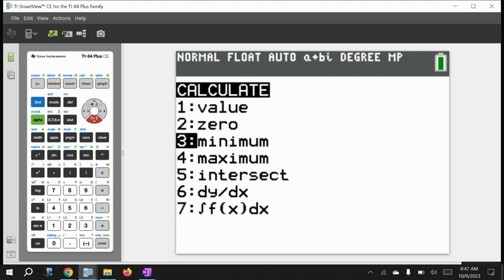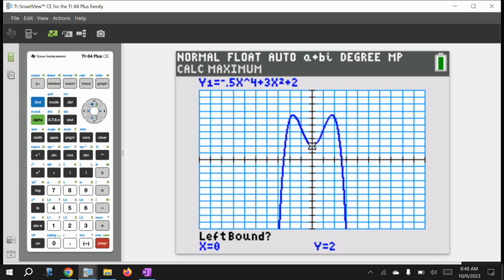Go down to option 4. I'm going to find this maximum over here on the left. For the left bound, I just need to be to the left side of the peak. Hit enter. The right bound, I just need to be to the right side of the peak. Hit enter. On the guess, I just move back a little closer to it and hit enter.